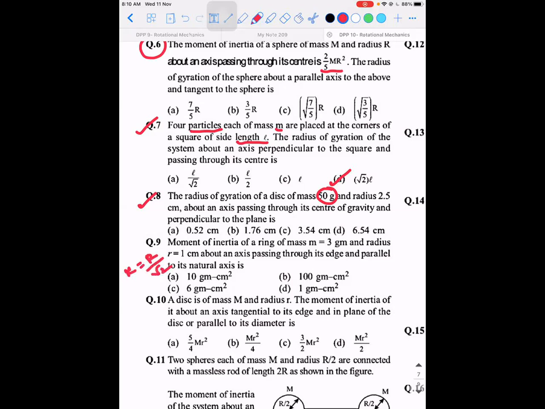What you told is K square, not K. Whenever you write a quantity, you also need to check its dimensional consistency. The mistake you made is you said K is equal to R square by 2. The left side is in meter, the right side is in meter square. Don't make that mistake. So K is equal to R by root 2. R is 2.5, so 2.5 divided by root 2. Root 2 is 1.414. Just calculate it: 2.5 by 1.414 is 1.76.